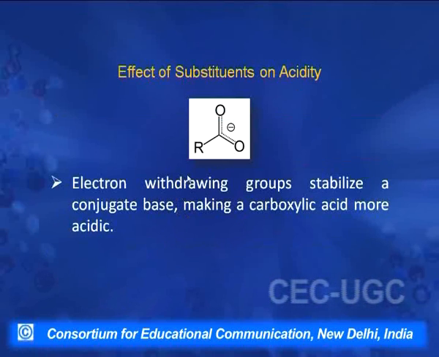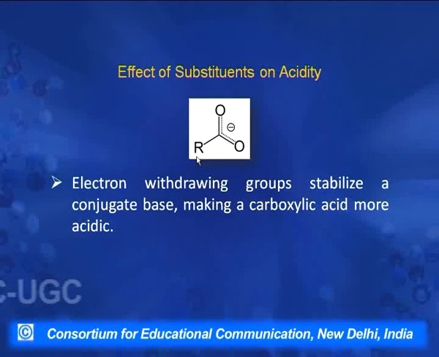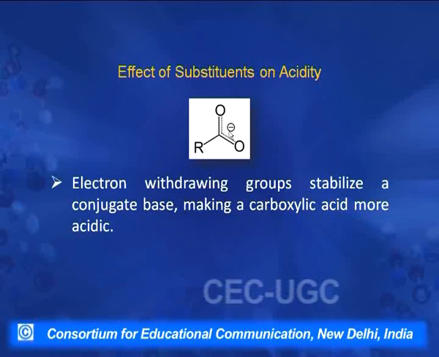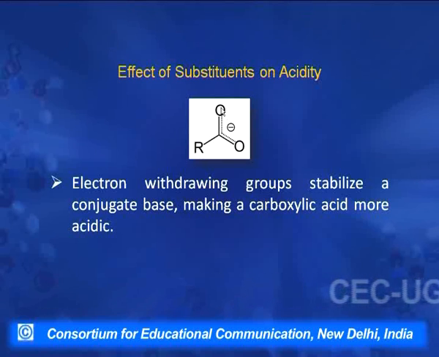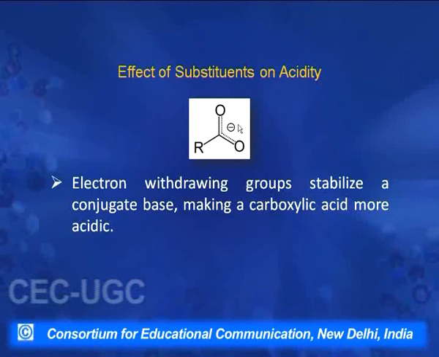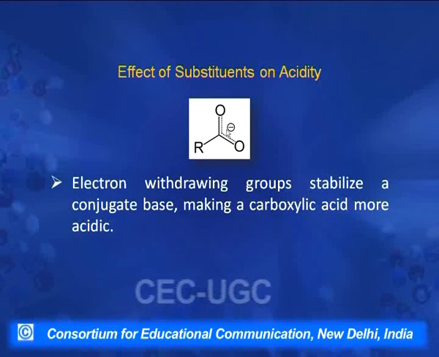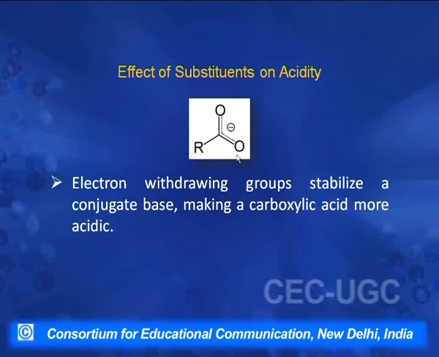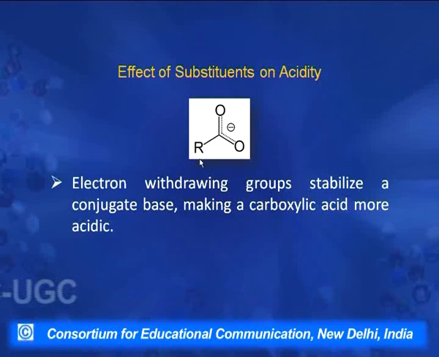Now if there is an electron withdrawing group on the carbon next to the carboxyl, what will it do? It will withdraw the electron which is resonating over this carboxylate part, and hence it will stabilize it, because if the negative charge is partly removed from the carboxylate part, it means stabilization. So electron withdrawing groups will stabilize it, making the carboxylic acid a stronger acid.